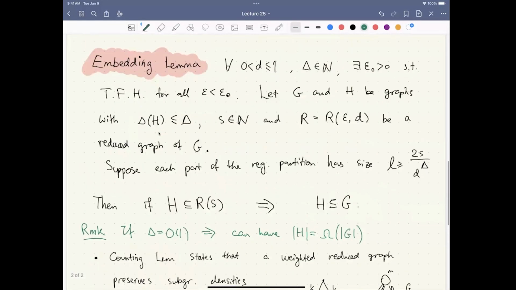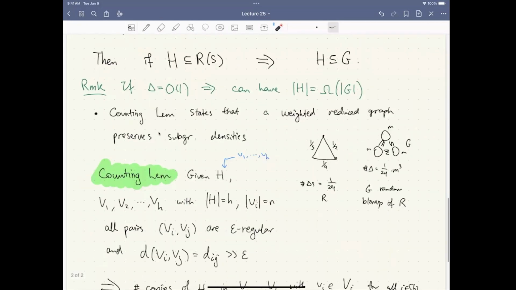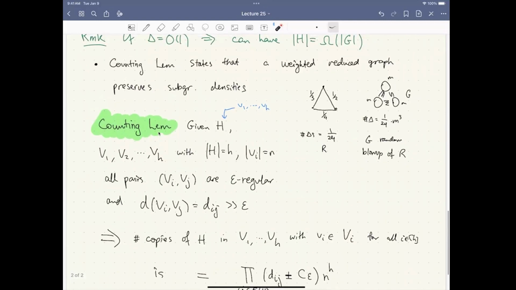And in this proof of the embedding lemma, we see that the way we embed a copy of H, there's lots of room. So we can get the counting version, saying that not only do we have a copy of H, we have many, many copies that's proportional to the count in the weighted graph R.